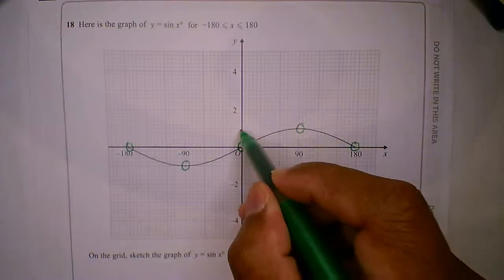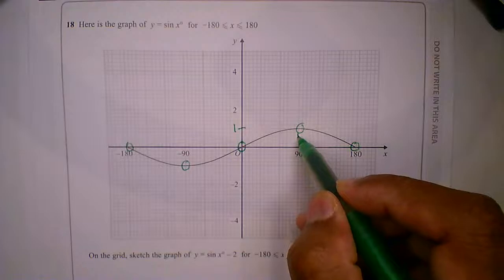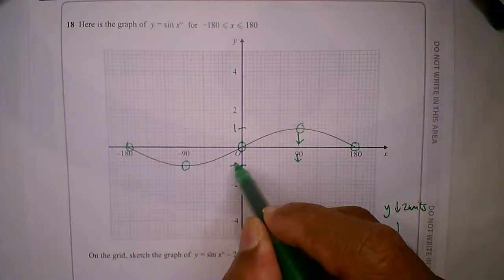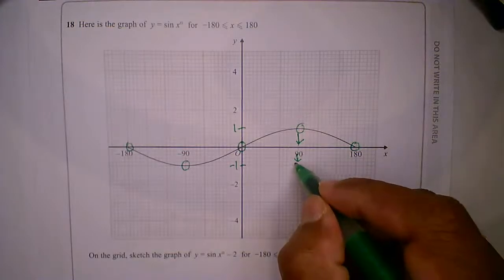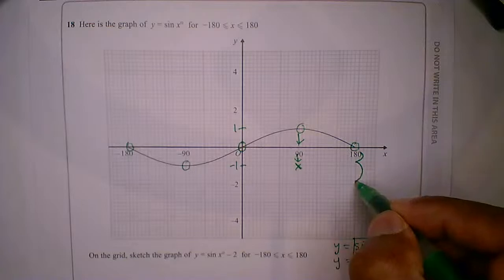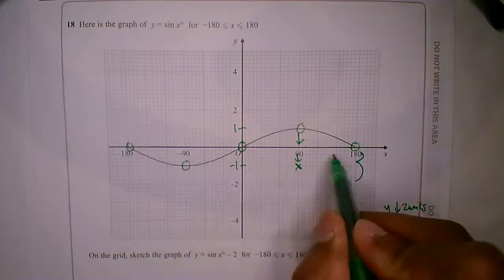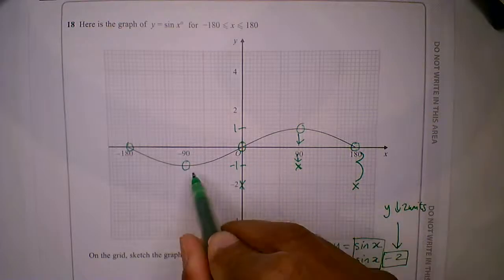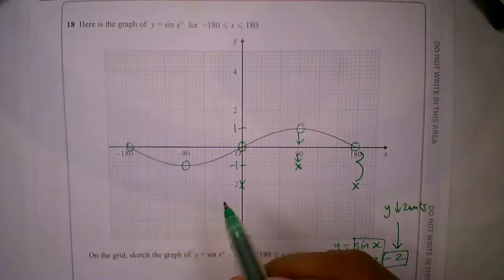So if this is 1, if I go down 2 units, it has to be at minus 1. So I'm going to have a point here. This will go down 2 units. So from 0, I'm going to be at minus 2. This goes down 2 units.